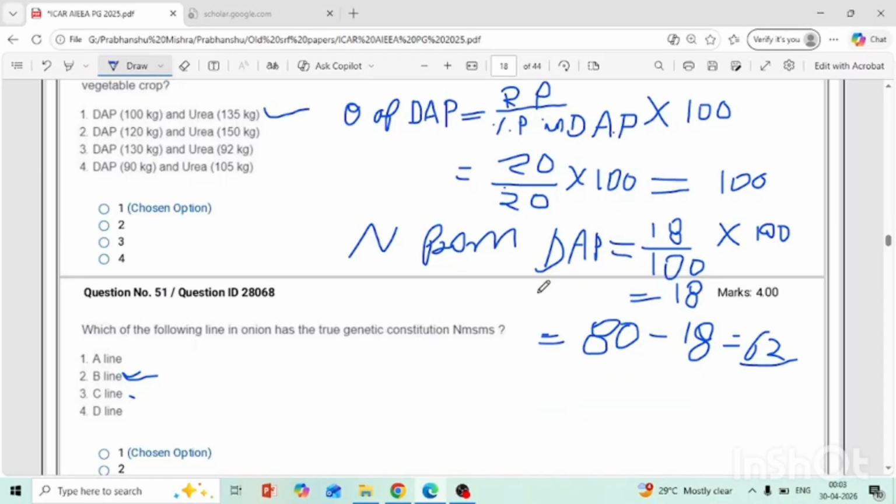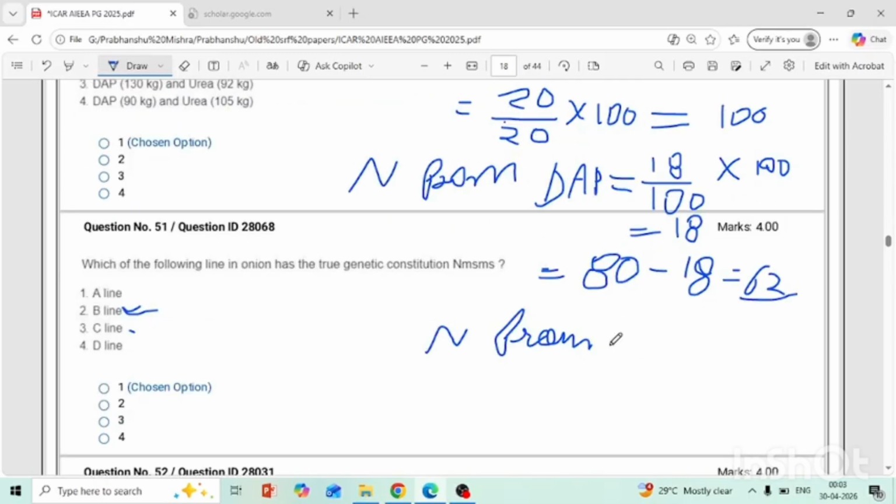Then you calculate the nitrogen from the urea. Same formula. How much do you want? 62 kg. Keep this here, divided by the nitrogen present in urea, which is 46%. This is very simple.